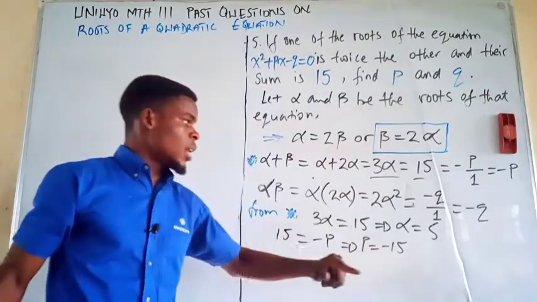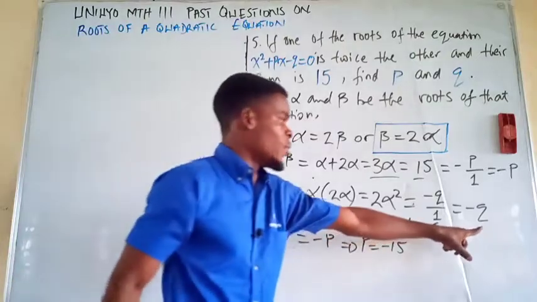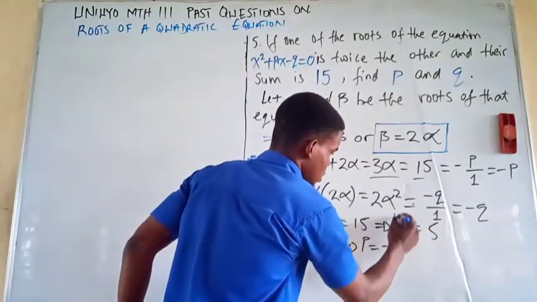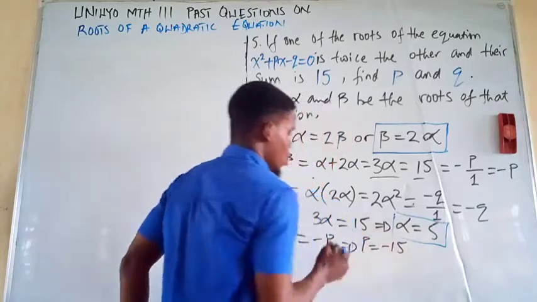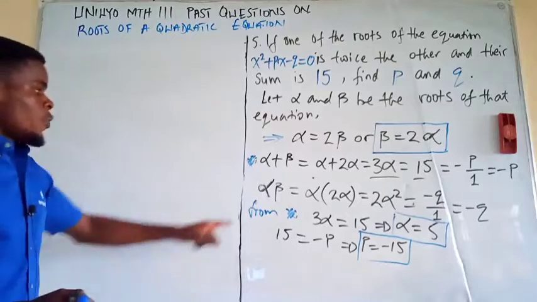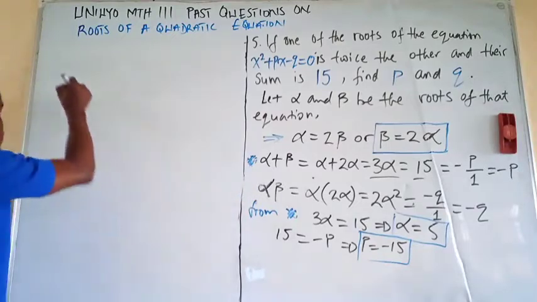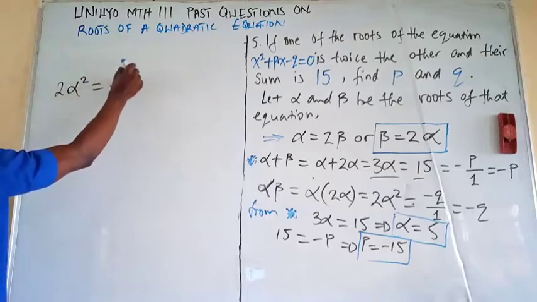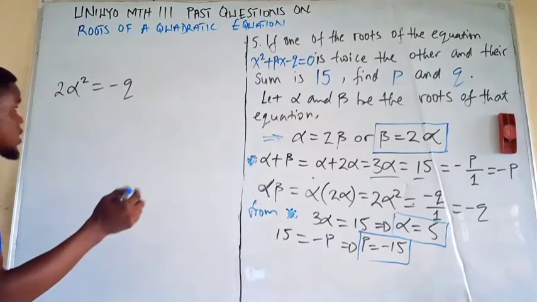So you can keep that and try to find the value of q, given that alpha is equal to positive 5. So from this second equation, we see that 2 alpha squared is equal to negative q, and alpha is given to be 5.